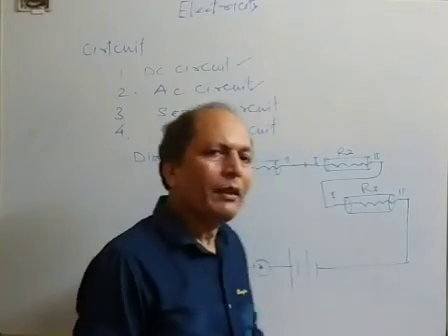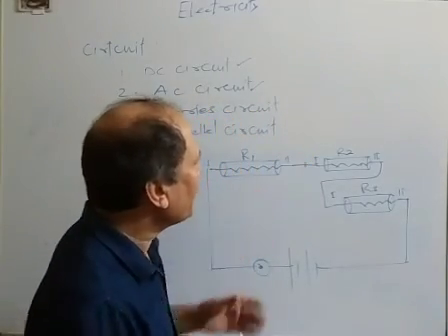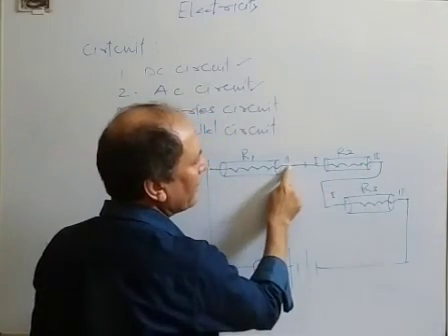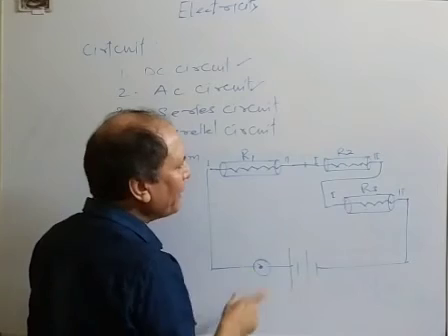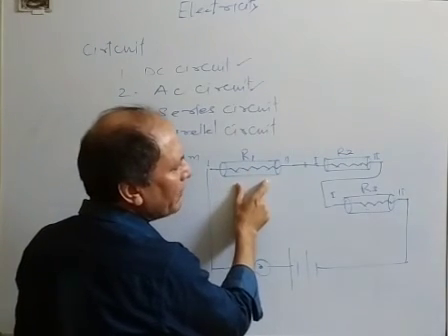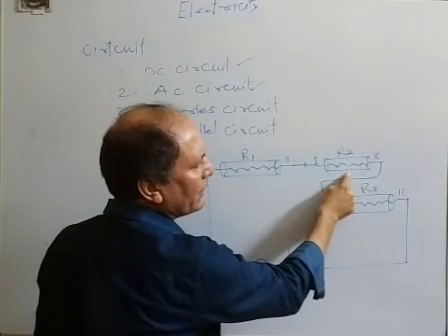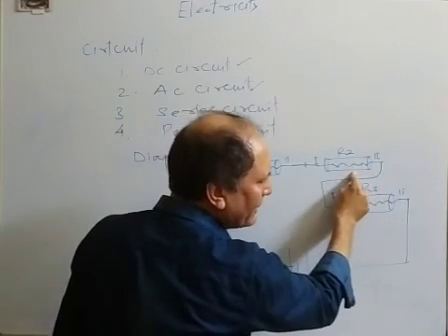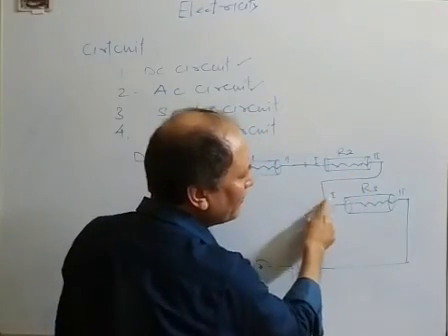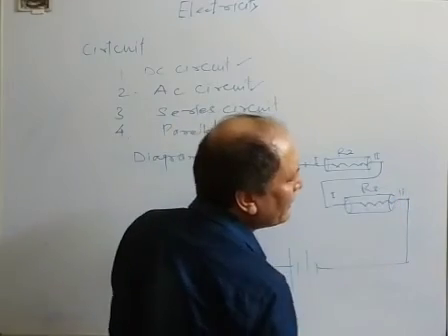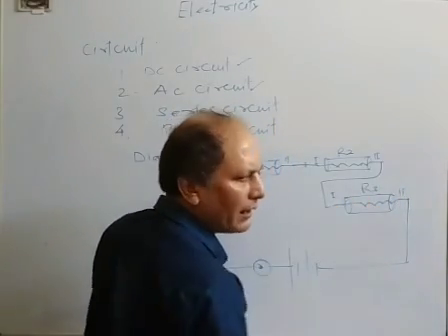So that is the pattern of a series circuit. Once again, in a series circuit, the resistors are connected end to end, in which the second terminal of the first resistor is connected with the first terminal of the second resistor. The second terminal of the second resistor is connected with the first terminal of the third resistor, and after the third there is no resistor, so the third will be the last resistor.